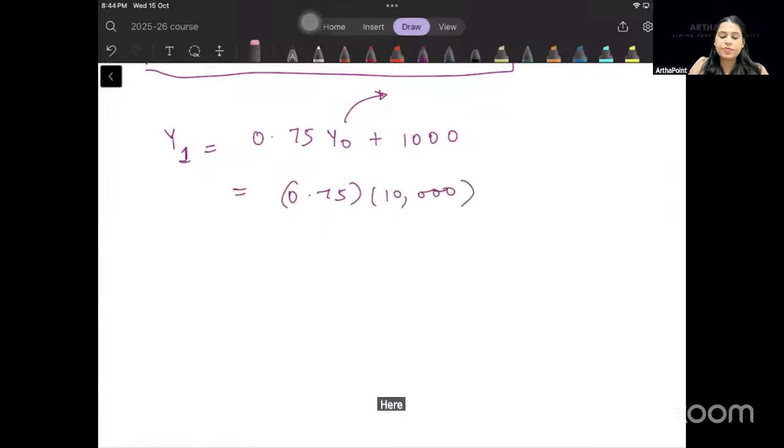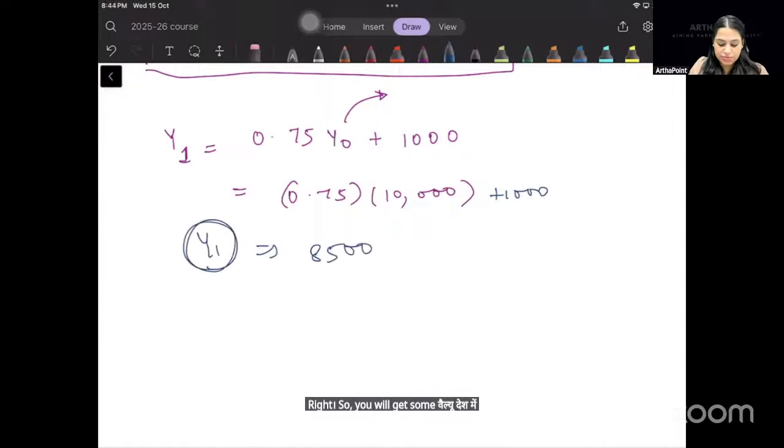This is 1000. Right? So you will get some value here. So you'll get 8,500. This will be your first year's income. Then you go ahead and you continue doing so. You can use that. You can use first order difference equation also. Up to you.